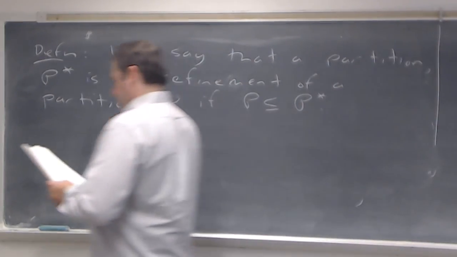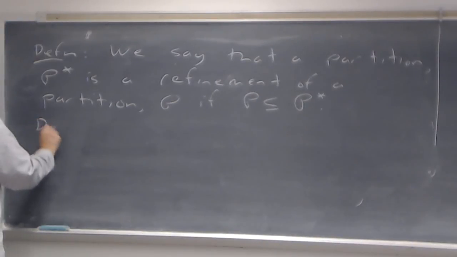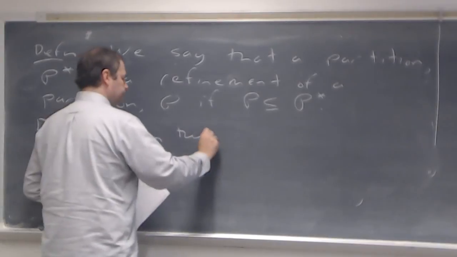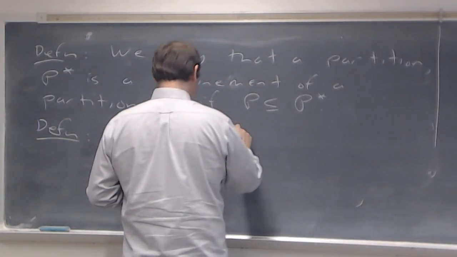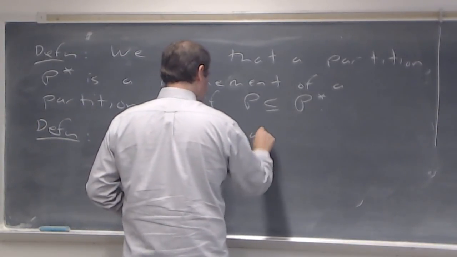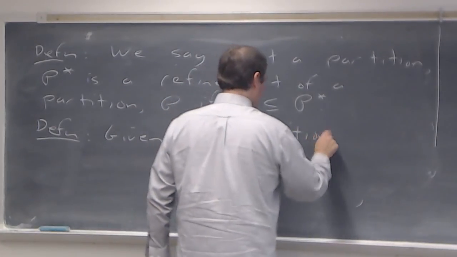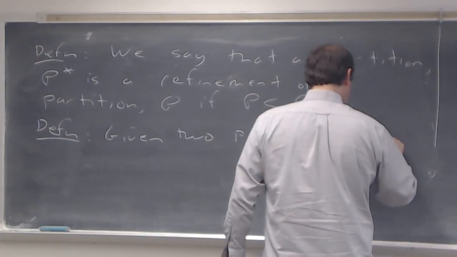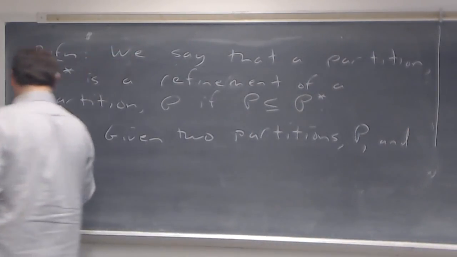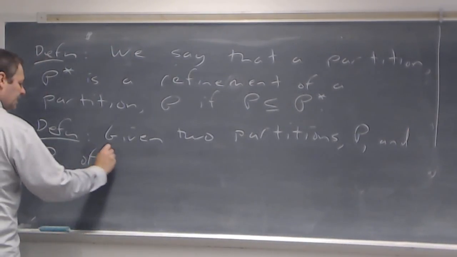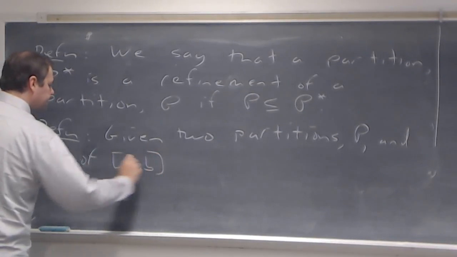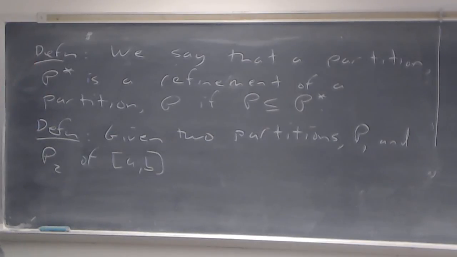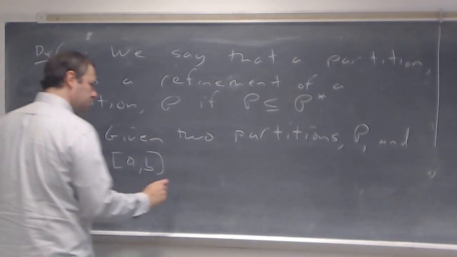And another definition, given two partitions, let's say P1 and P2. Let me be a little bit more specific here, of [a, b]. And in the refinements, each partition was of the interval a to b, so closed interval.